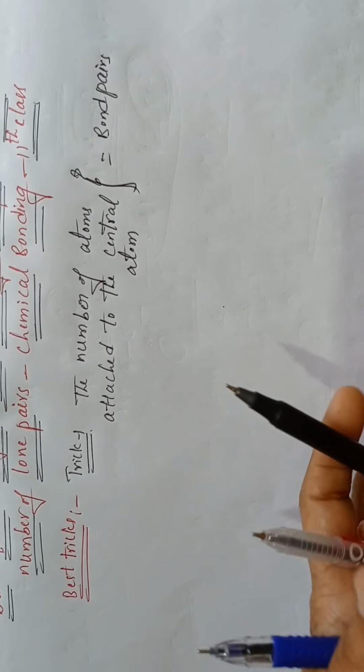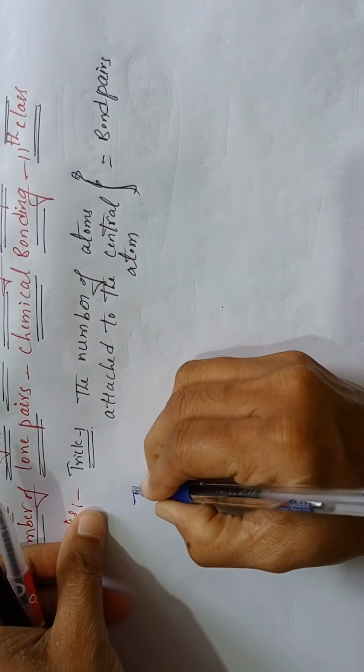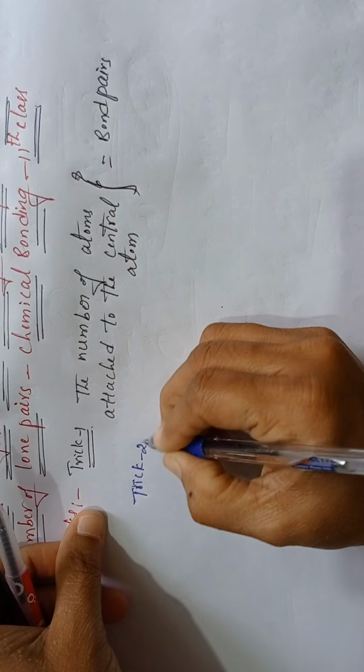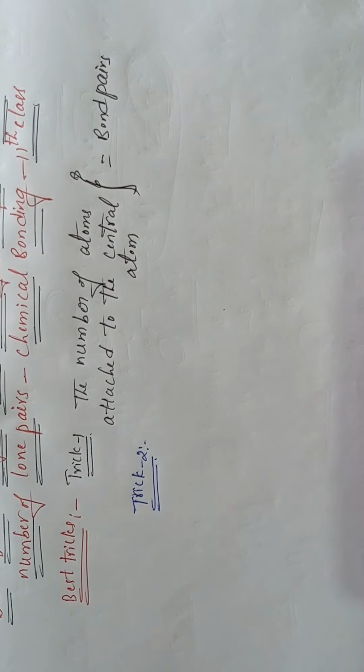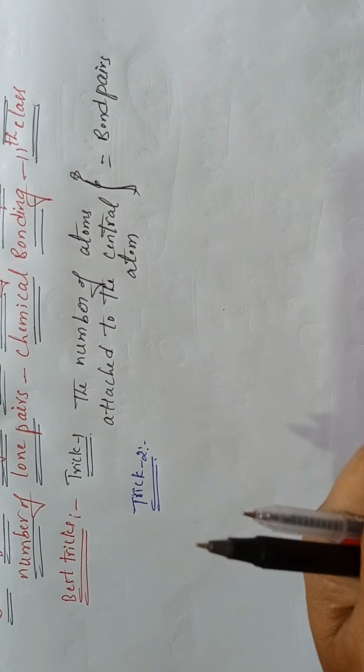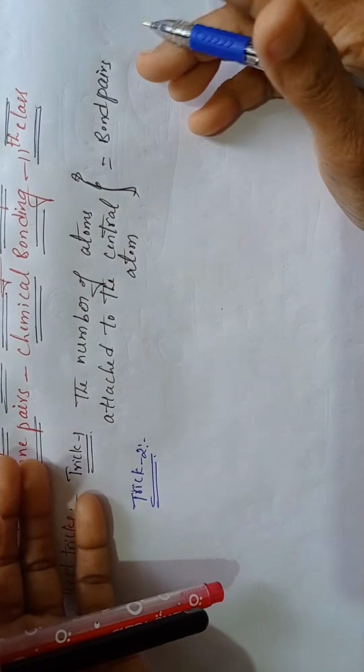Now I am discussing trick number two. What is trick number two, students? Trick number two means number of valence electrons of the central atom minus bond pairs, that is nothing but lone pairs, students.